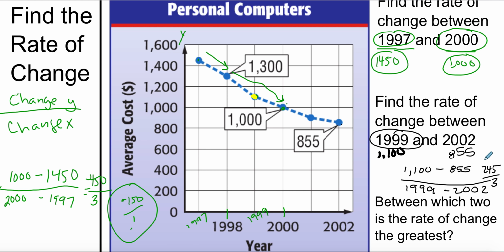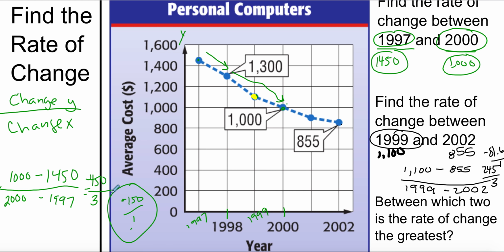Again, that should reduce. I need to just double check here. 245 divided by 3 turns out to be about 81.7 over 1. So it is going to be a little bit of a different fraction than that guy. Between which two is the rate of change bigger? So this one's going to be negative 81.6 over 1.